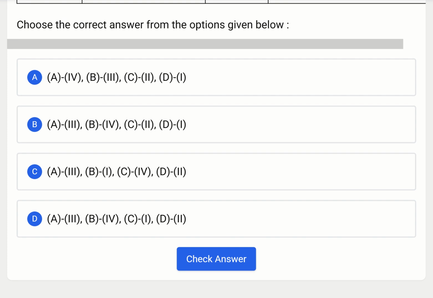D is 1. Let us check the options. D is 1 and 2, C is 2. We need not check D and C now. We need to check A and B.